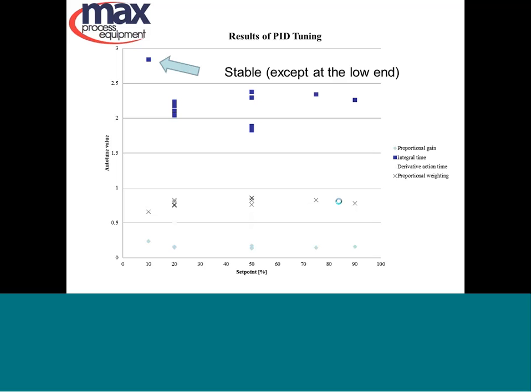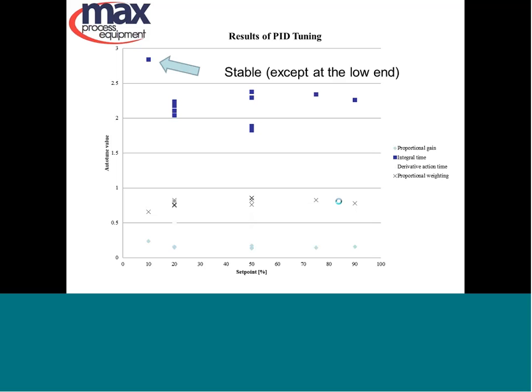What I found was the P values, the I values, and the D values were pretty stable across that range. They only deviated a little bit at the low end. So I can look at this and say, this thing gets the same answer time and time again.